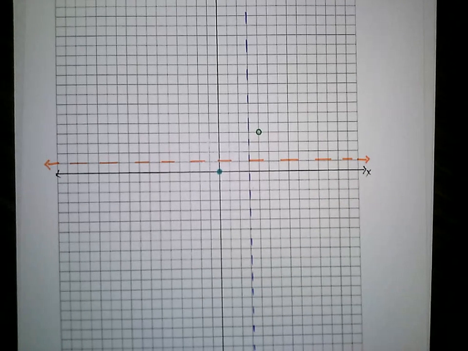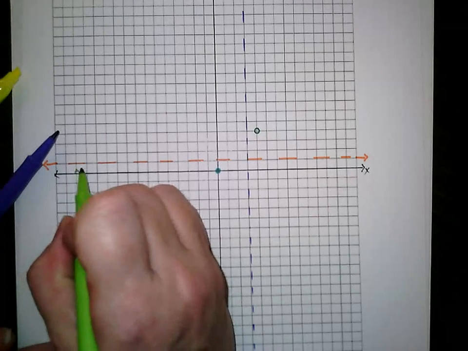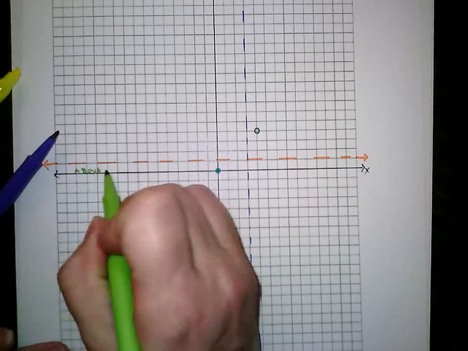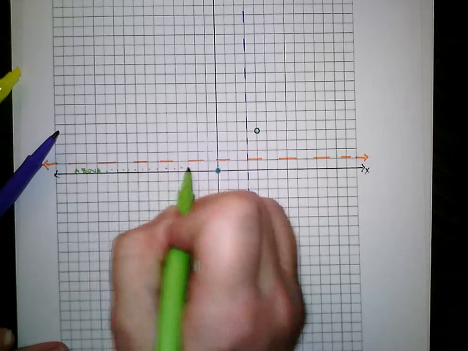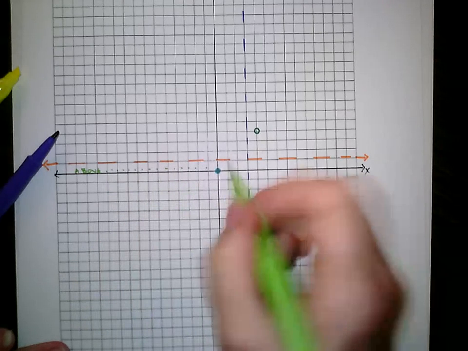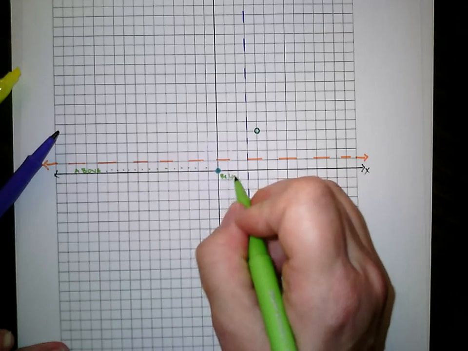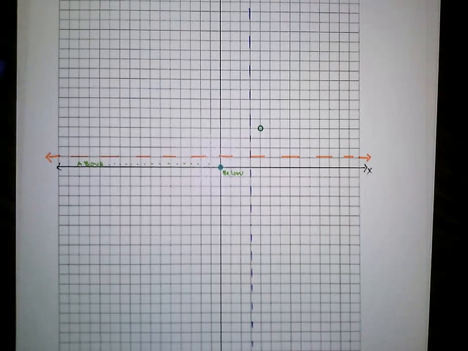So we could check some additional ordered pairs on our graph, but knowing that my graph is going to be above all through this section, then it's going to cross through, and then it's going to be below, that gives me a pretty good idea of what this graph is going to look like.